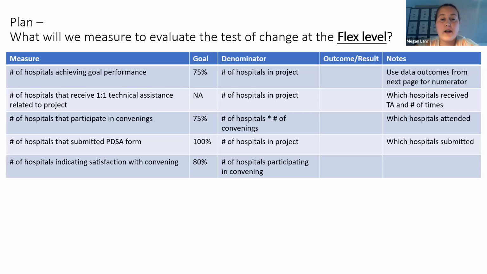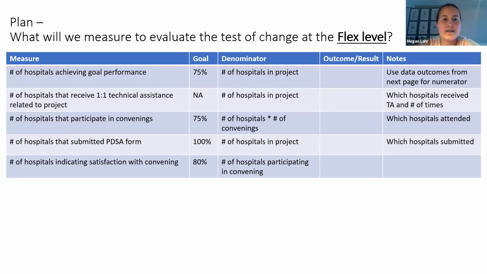If you provide it, one hospital never participated, but one hospital had 4 one-on-one technical assistance conversations throughout the year. And so making sure that you note those as you go along so that you're not at the end of the project or 6 months in trying to say, oh, who was at that convening that time? And so these are important to track as you go along.